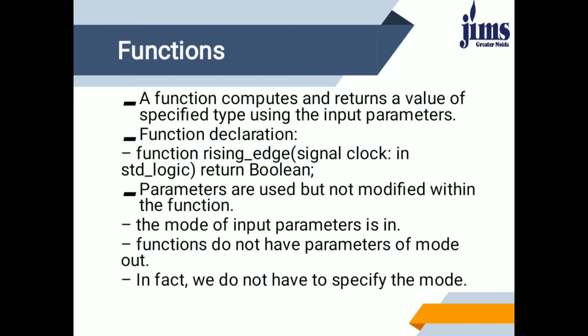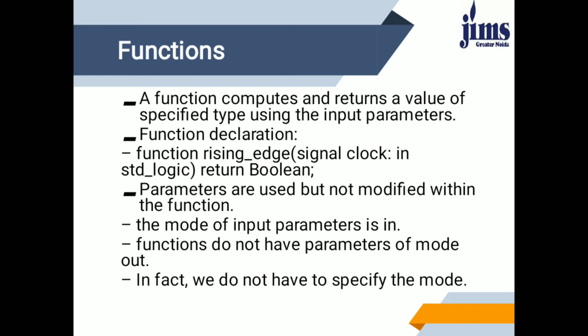As already mentioned, a function is very similar to a process. The same statements can be used in a process, that means if, wait, case, loop can also be used in a function, with the exception of wait.